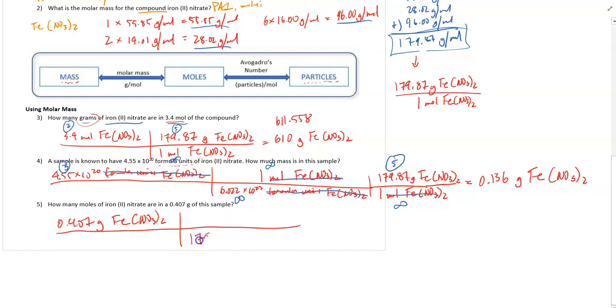This time though, because the units have to cancel off anyway, where we match them diagonally, we're going to put grams of iron nitrate on the bottom for every 1 mole of iron nitrate on top, specific to this compound. Once again, grams and grams go away. What you're left with is moles, which is the goal unit and the right substance. So we go ahead and stick that in your calculator, and you get 0.00226 moles of iron nitrate.